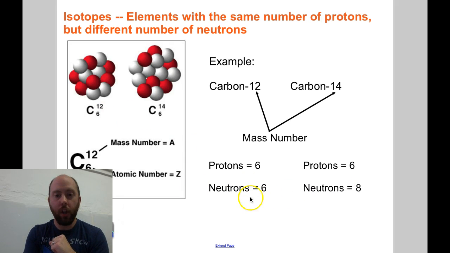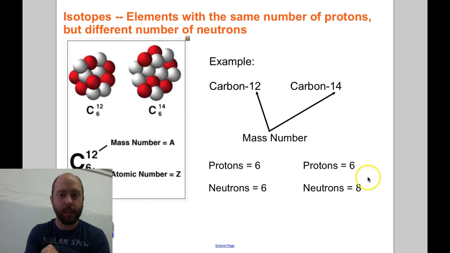Okay, now, but if you look, the neutrons are different. Carbon 12 has 6 neutrons. How did I get that? 12 the mass number, minus 6 the atomic number. 12 minus 6 is 6. Carbon 14 has 8 neutrons. Again, mass number, which I got here, minus the atomic number. Mass number minus atomic, 14 minus 6 is 8.